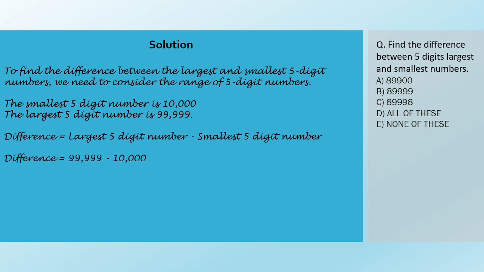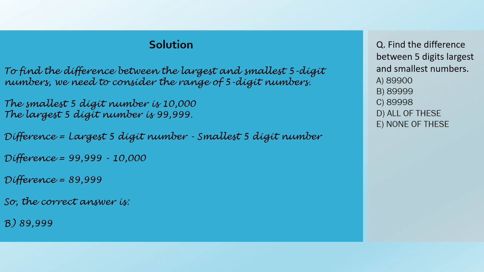Now simply we will find the difference between the largest number and the smallest number, and it comes out to 89,999. So the correct answer is 89,999, which is option B.